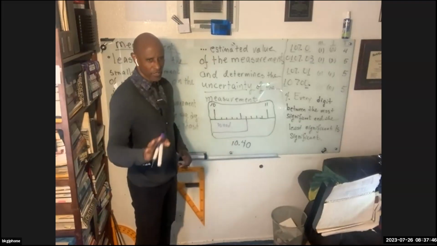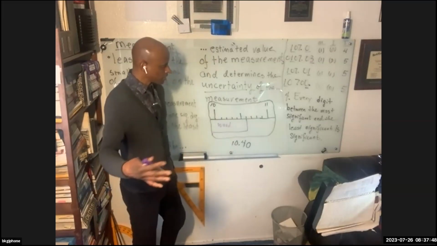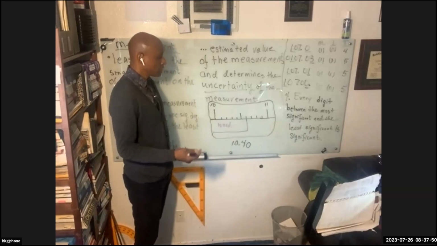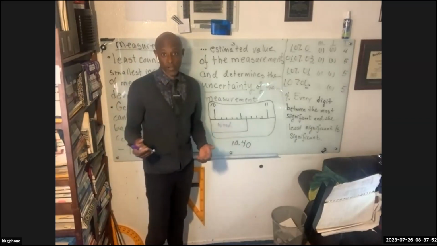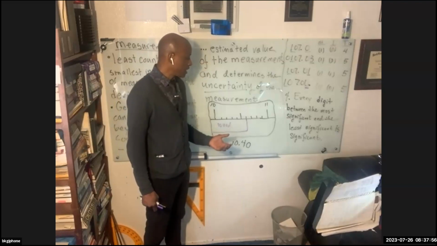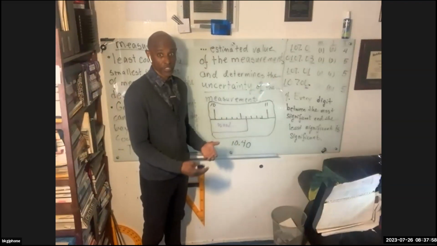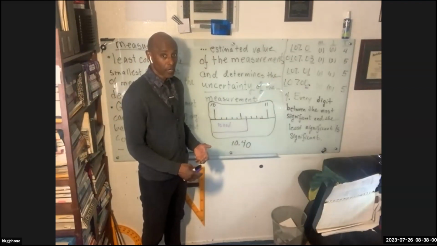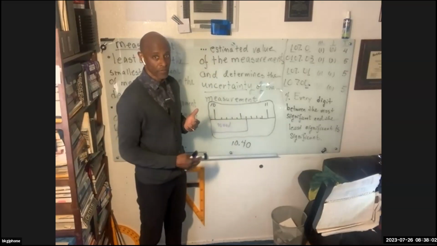And I know I haven't really defined uncertainty. You probably have an idea or maybe even know what it is. But if I had a vernier caliper or a micrometer, I could make a measurement of this object to more significant digits, based on these same rules that I've determined.